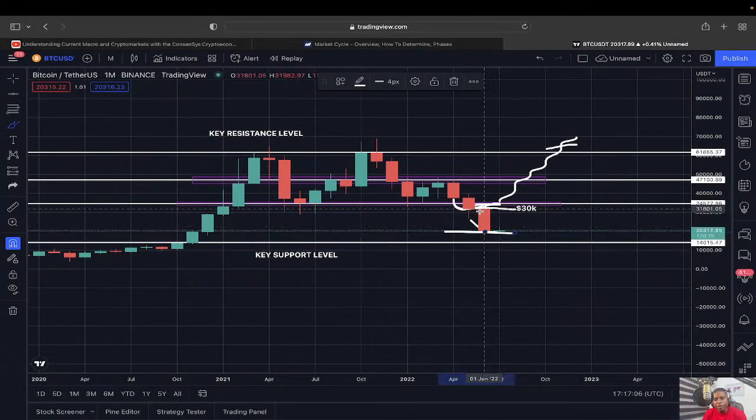and the candle has closed below, previously below the last 12 months. Let's count these candles that are above it. 1, 2, 3, 4, 5, 6, 7, 8, 9, 10, 11, 12, 13, 14, 15, 16, 17, 18.